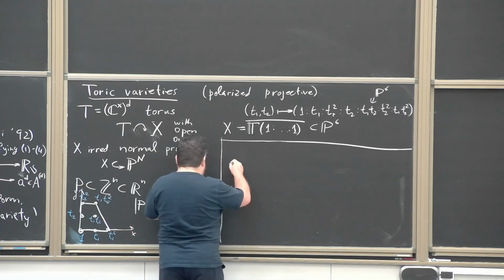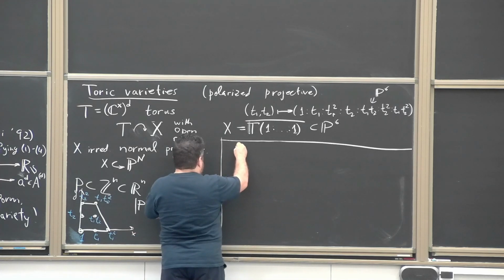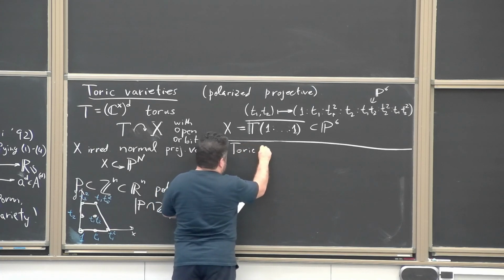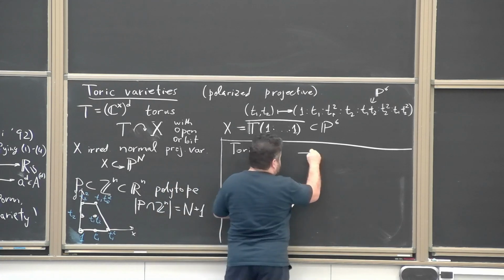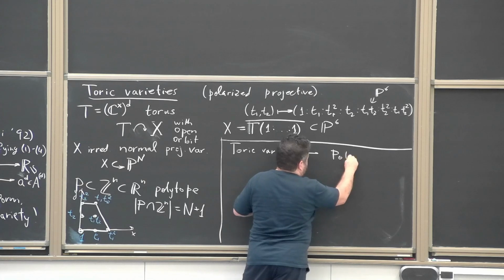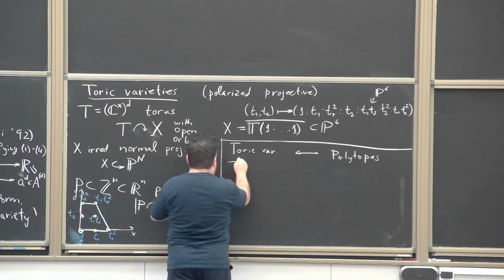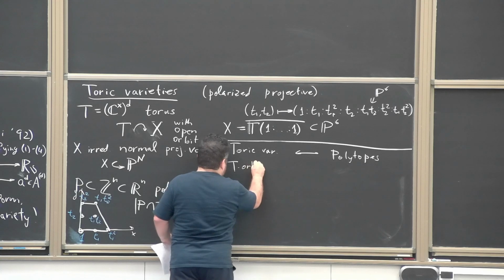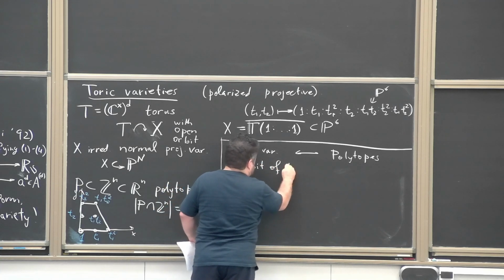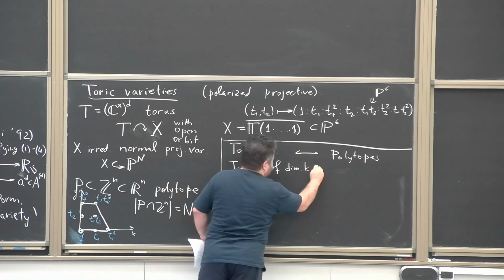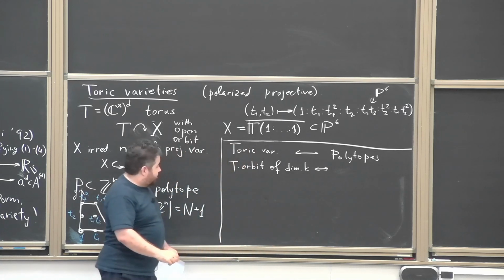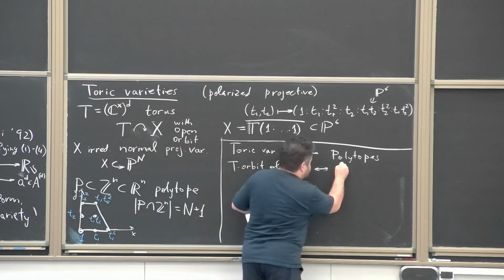So the dictionary between toric varieties and polytopes: T-orbits of dimension k correspond to k-dimensional faces.